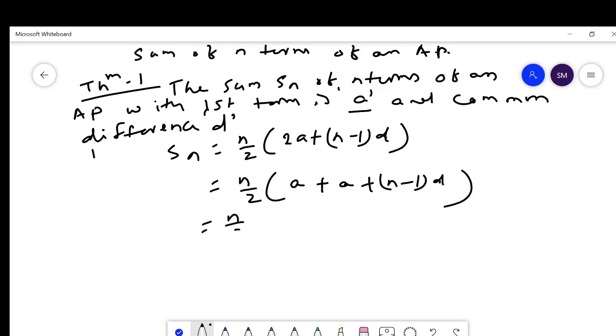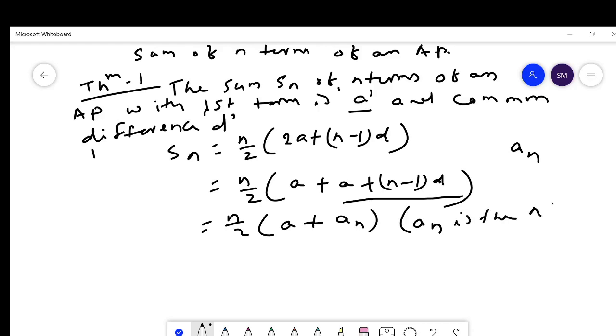This is n upon 2 into (a plus the nth term of an AP), which means the nth term of an AP, an. What is an? It is the last term, or the nth term, or the last term of the AP.